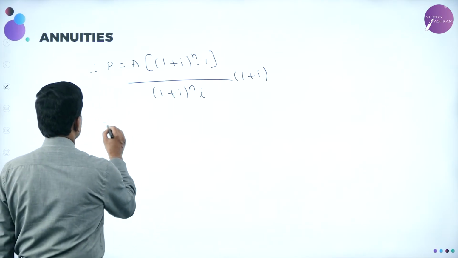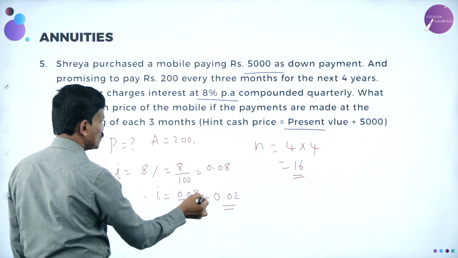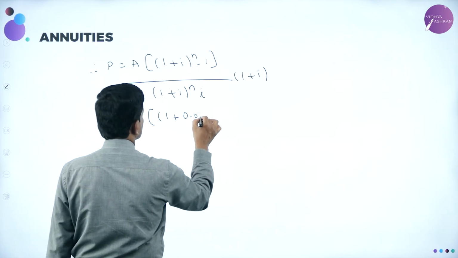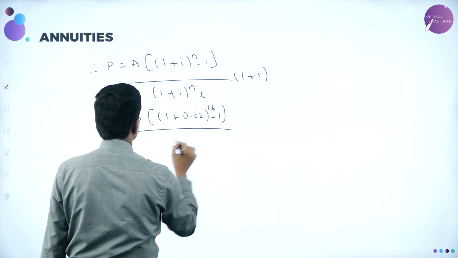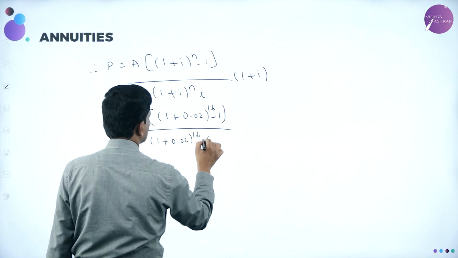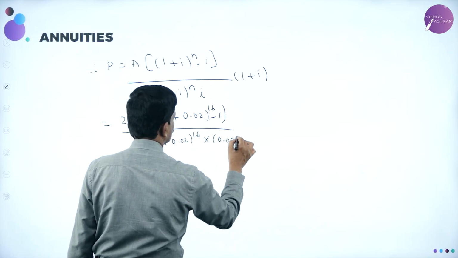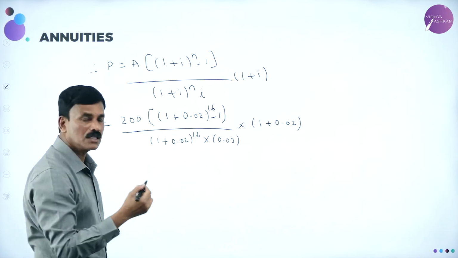So therefore, A is 200 into 1 plus, what is I? 0.02 to the power of N is 16 minus 1 divided by 1 plus 0.02 to the power of 16 into 0.02 into 1 plus 0.02. Now simplify this.